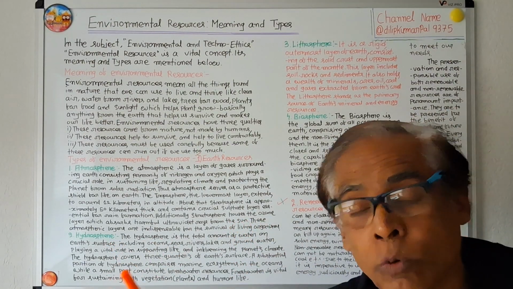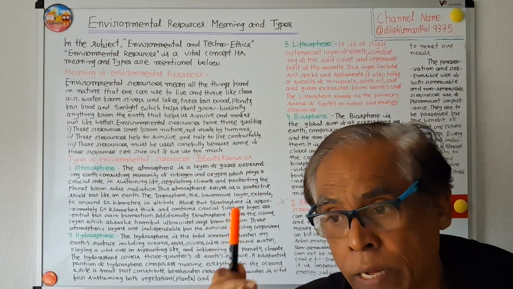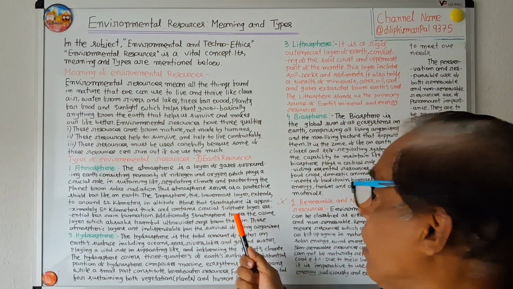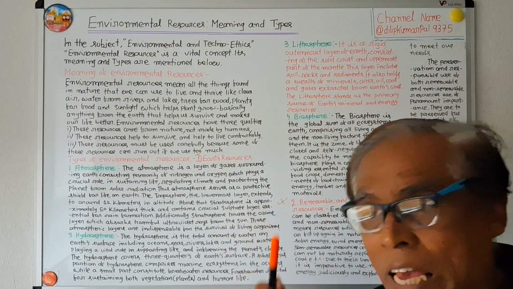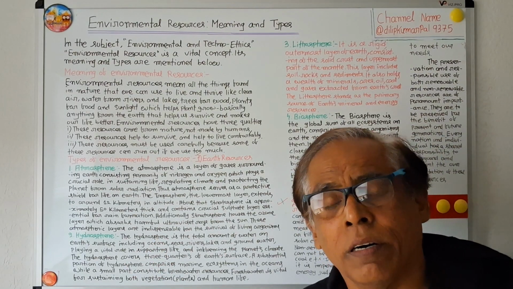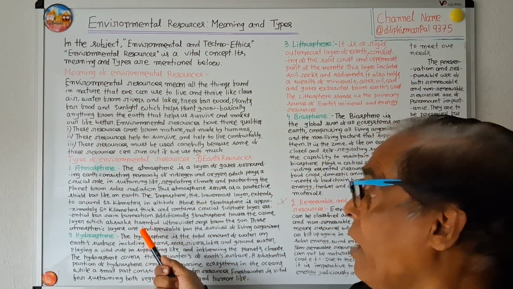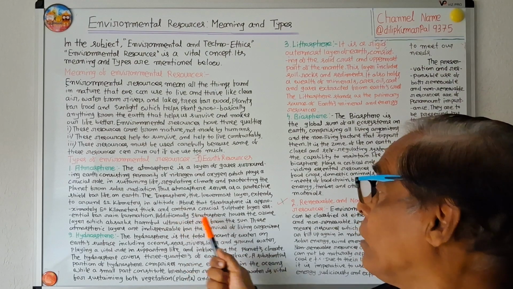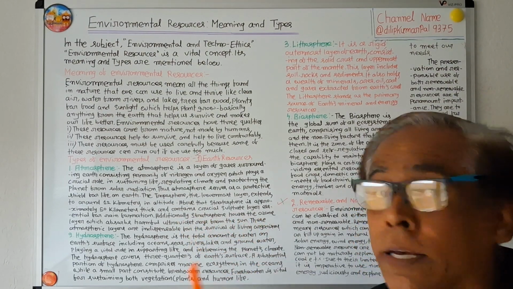In addition to that, no doubt the stratosphere has a sulfate layer which helps in rain formation, and additionally the stratosphere houses the ozone layer.